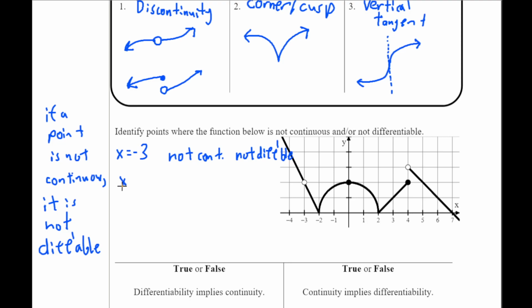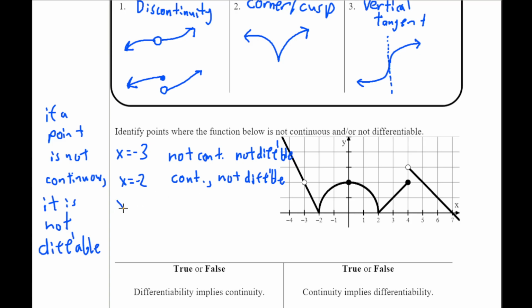At x is equal to -2, you see the function is continuous here, but not differentiable. Right? If a point's not continuous, it's not differentiable, but just because a point is continuous does not necessarily mean that it's differentiable as well, because in this case, it's not differentiable.